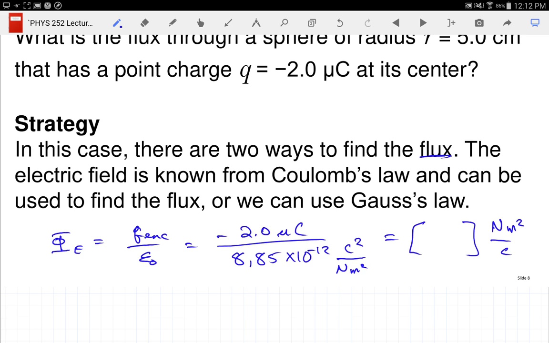Electric field is force per charge, so Newton per Coulomb, and then multiplied by the area, so Newton times meters squared per Coulomb. Two different ways to arrive at the units, to make sure we got them right. Anyone can put that in their calculator to get the number, so I'm not concerned about the number. Now, that was just finding the flux.